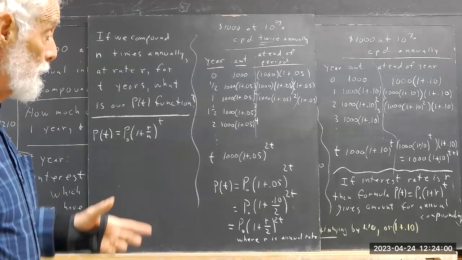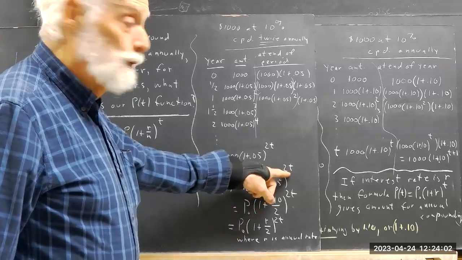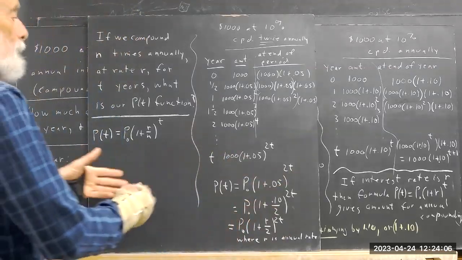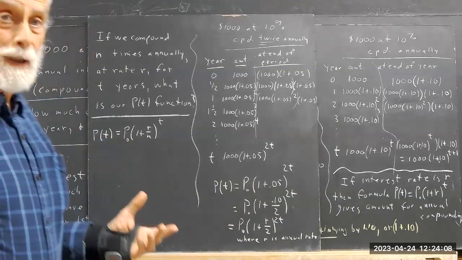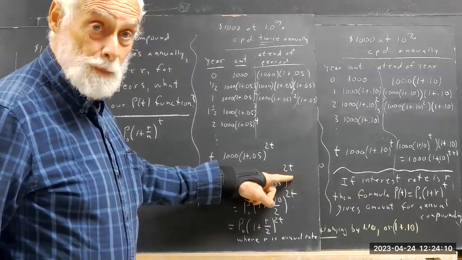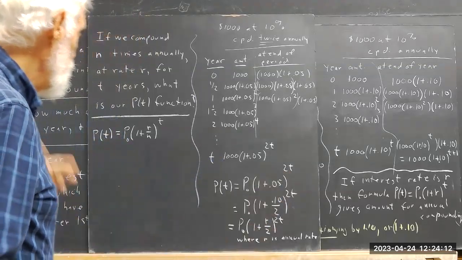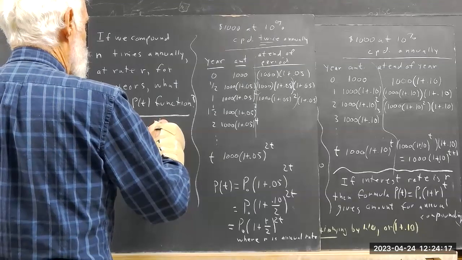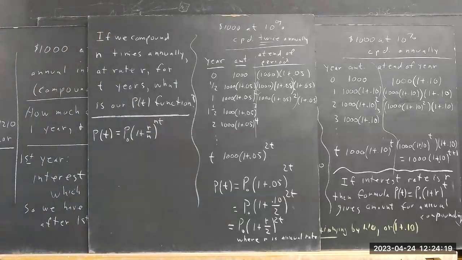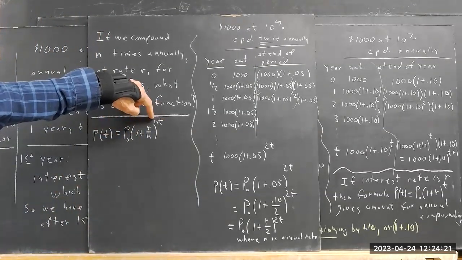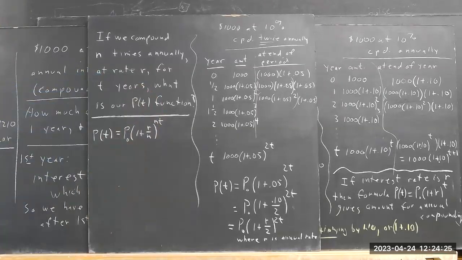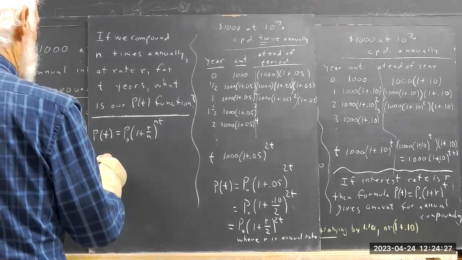Okay, just like here. We had to put a 2 in front of T because we're compounding twice every year. If we're compounding 10 times in a year, it would be 10T, wouldn't it? If we're compounding N times a year, it gets a little harder to think about abstractly. But we're going to have to compound it NT times in T years.